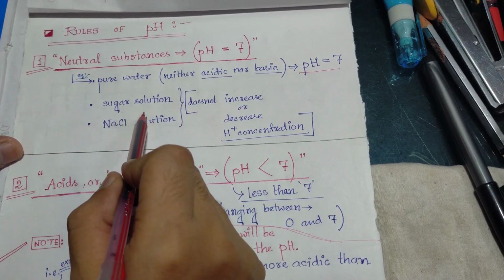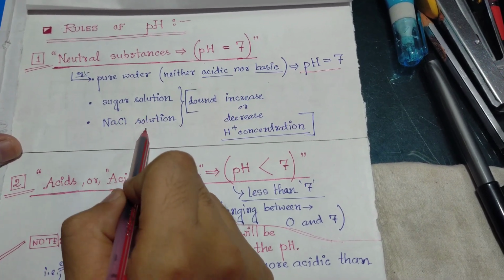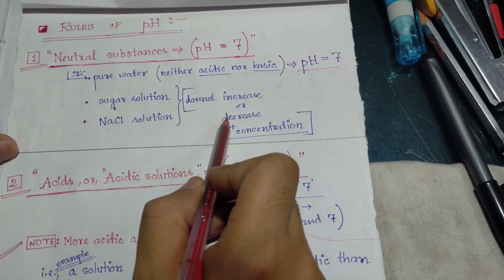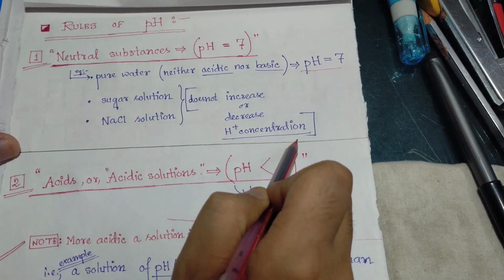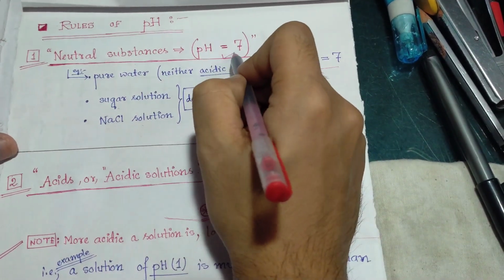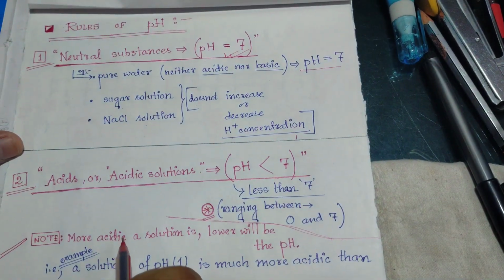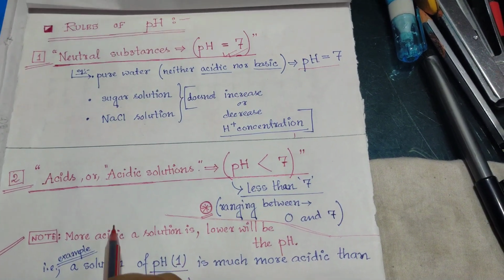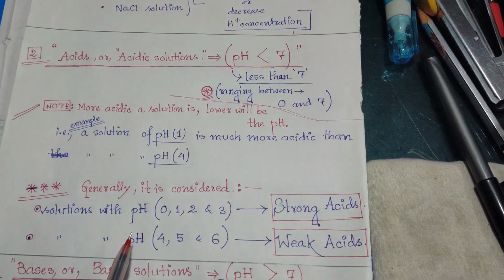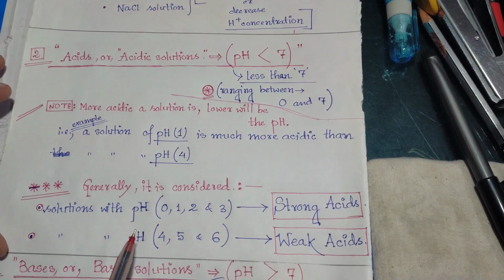Similarly, sugar solutions and NaCl solutions, which do not increase or decrease the H plus concentration, all have a pH value equal to 7.